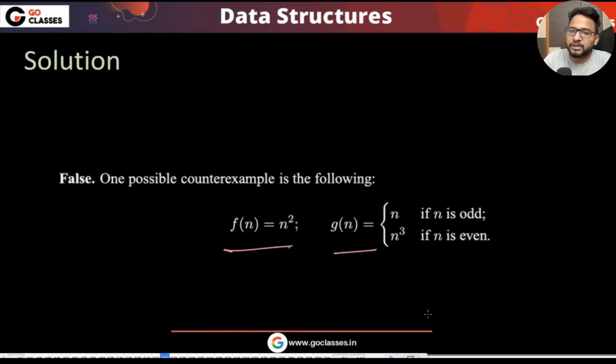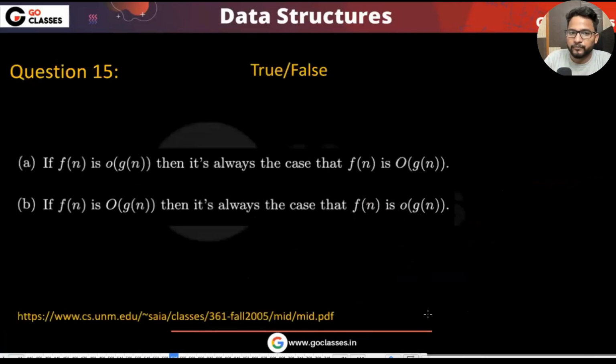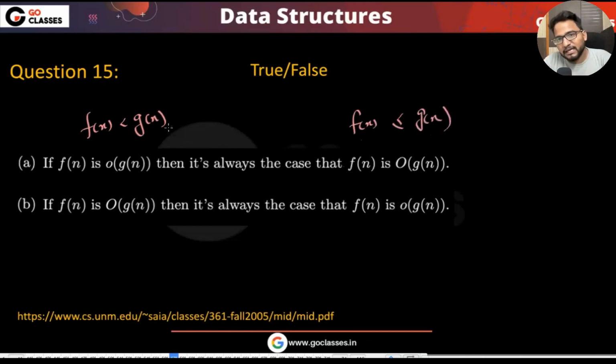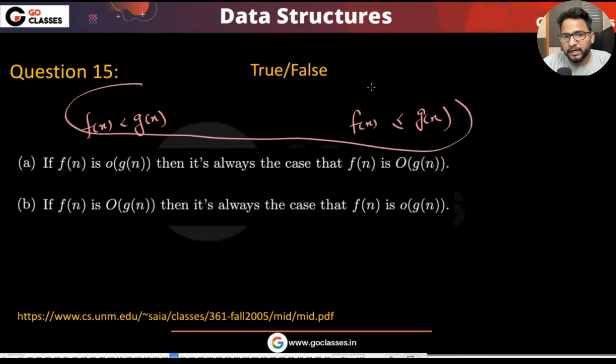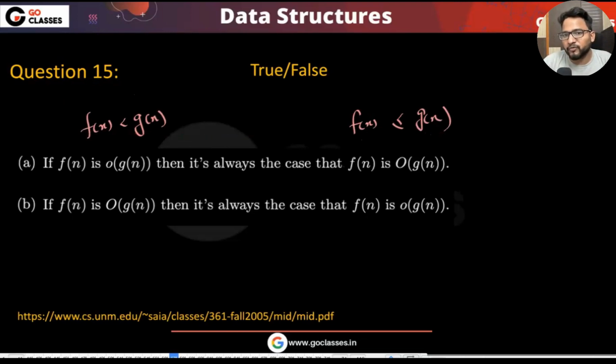Is this okay to everyone or is there any confusion? Okay, I hope that is fine. Now let's see this. If fn is strictly lesser than gn, then it is always the case that fn is less than or equal to gn. Some people get confused here, so let me know if you have understood this.